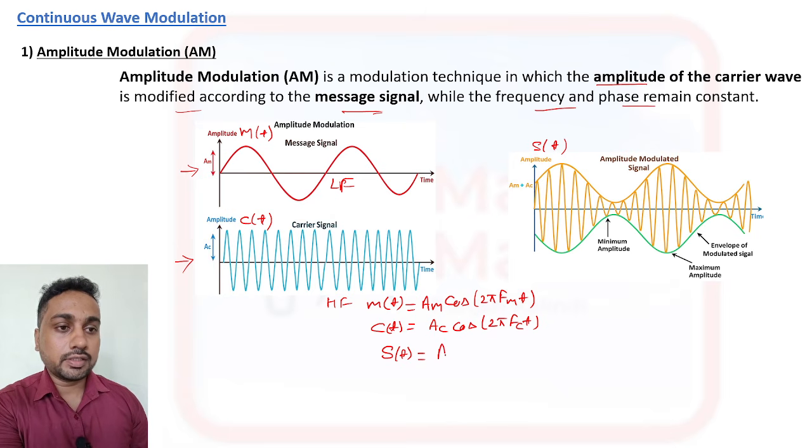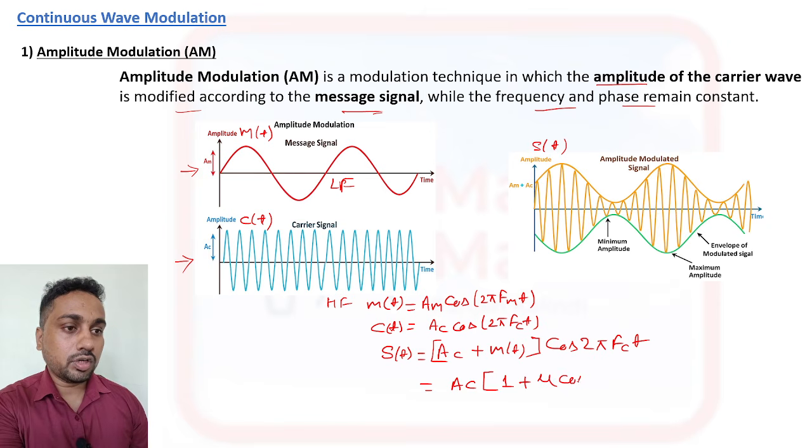So this is Ac plus m of t, times cos 2 pi fc t, or you can take Ac common: Ac times 1 plus mu cos 2 pi fm t, times cos 2 pi fc t.